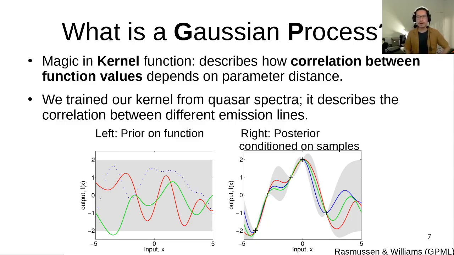This kernel describes covariance between different emission lines in the quasar spectrum. So in the end, we have a GP prior trained from data describing the quasar emission function, and we can condition the GP prior on new data and get the posterior probability of how well the GP can describe the new data.